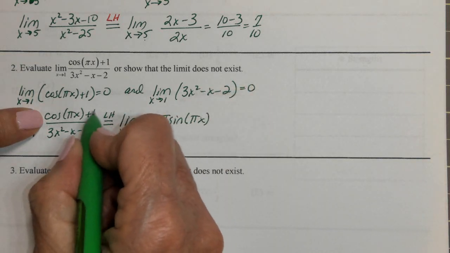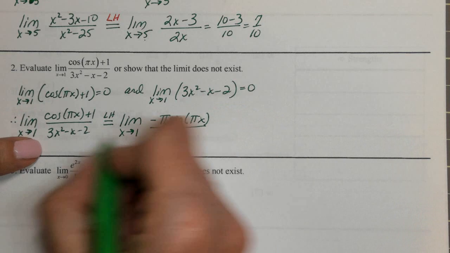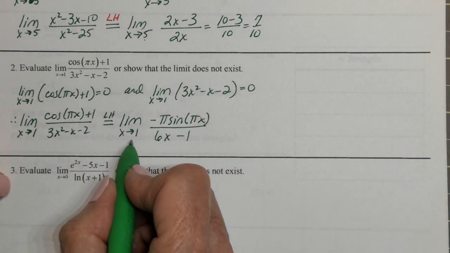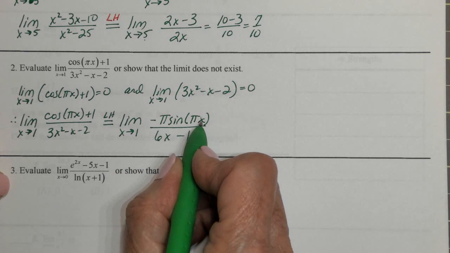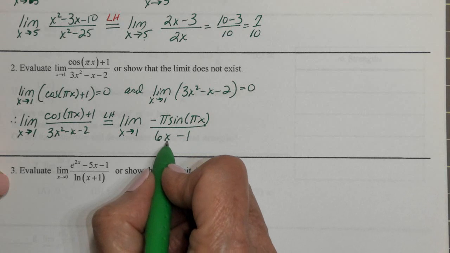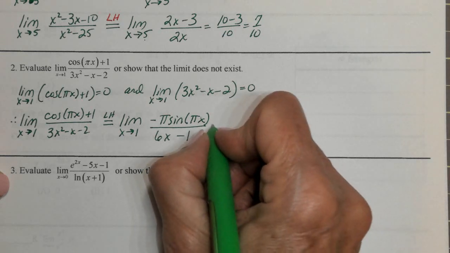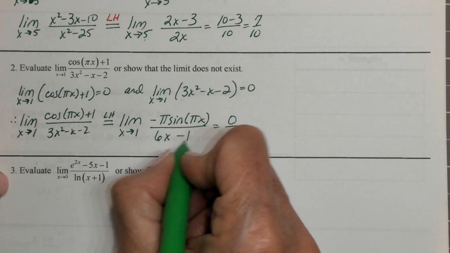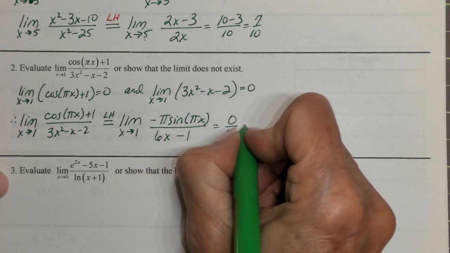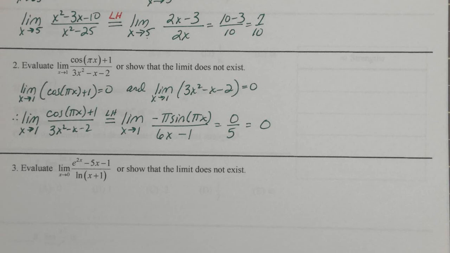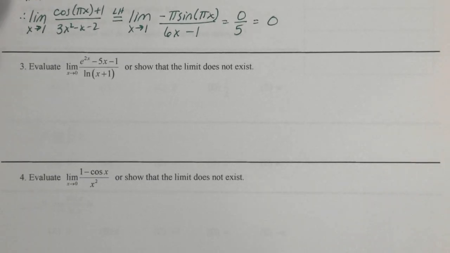The derivative of 1 is 0, divided by 6x minus 1. Now we put 1 into the remaining x. Sine of pi is 0. If I put 1 in for this x, we're going to get 5. And 0 over 5 is 0. Okay? So that's how that works. That's how L'Hopital's rule works.